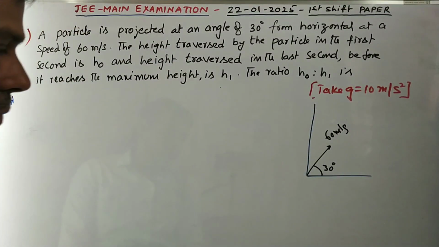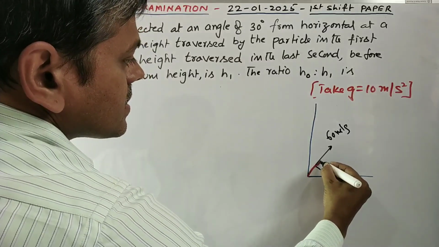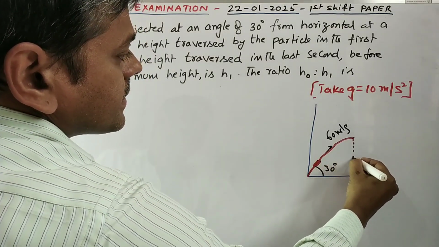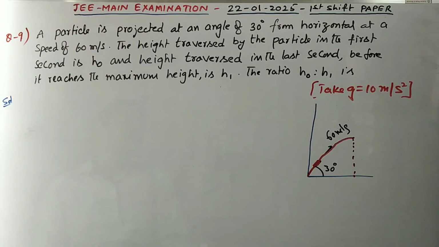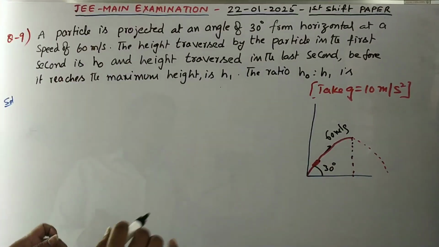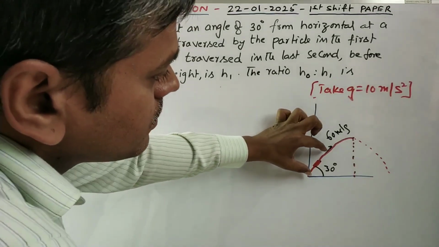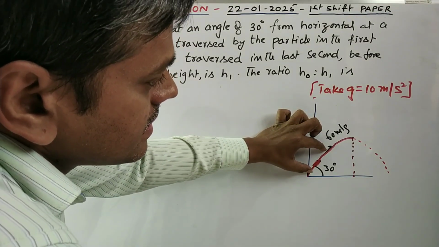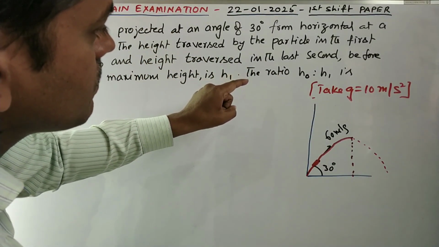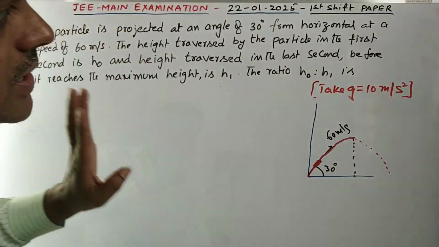So the body moves against gravity, and finally its velocity is 0 at a particular point. That point is called maximum height. Then it starts its return journey to reach the ground. This is the projectile, you know very well. What is asked? The distance traveled by the body in the first second is h0, and the distance traveled by the body in the last second before it reaches the maximum height is h1. What is the ratio of h0 to h1?